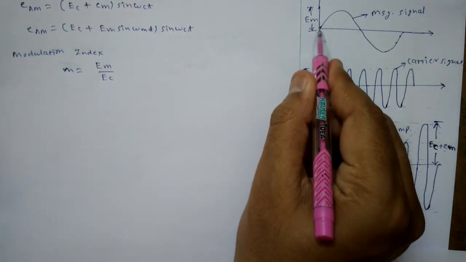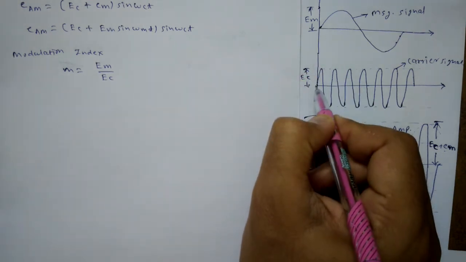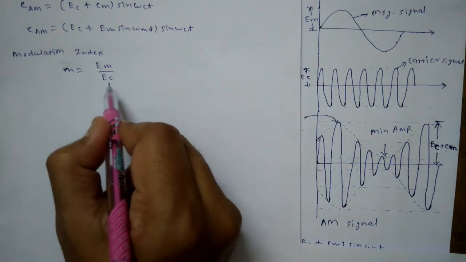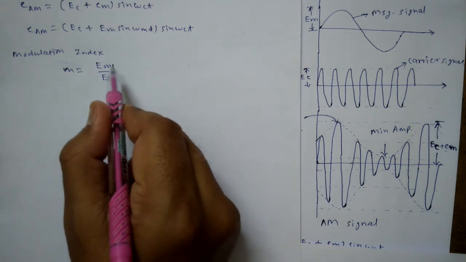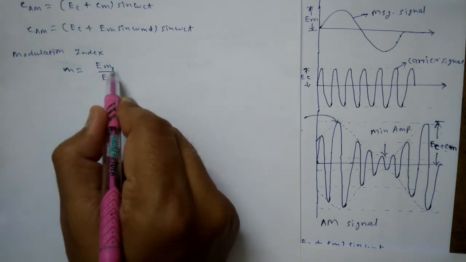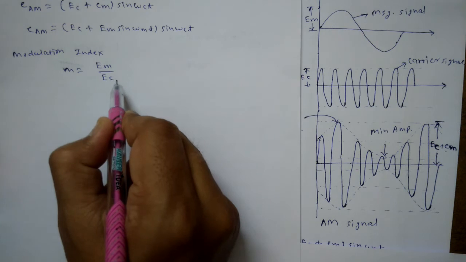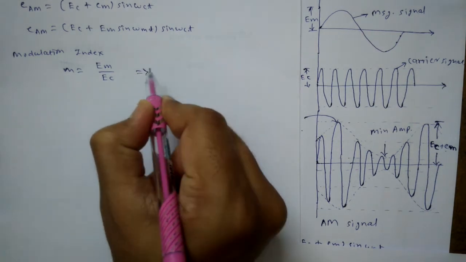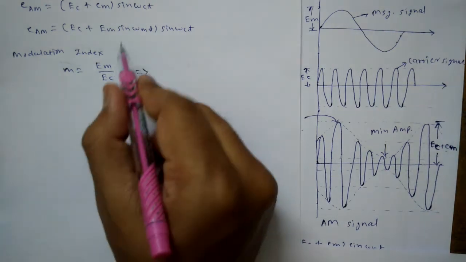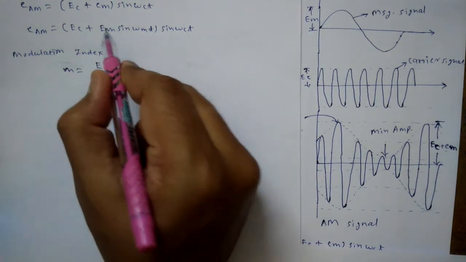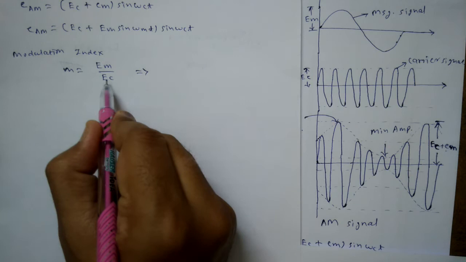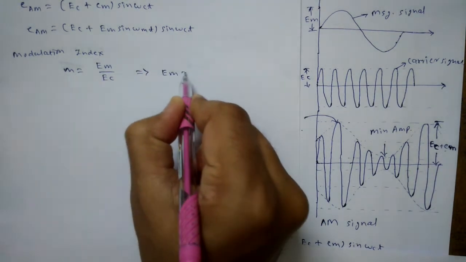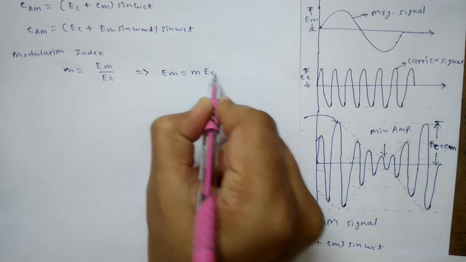EM is the amplitude of the message signal, while EC is the amplitude of the carrier signal. So we can define the modulation index as the ratio of the amplitude of the modulating signal to the amplitude of the carrier signal. From this equation I can write EM equals m into EC.